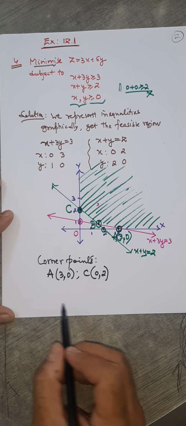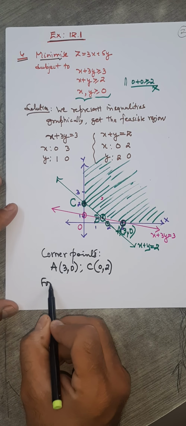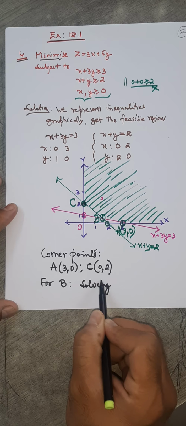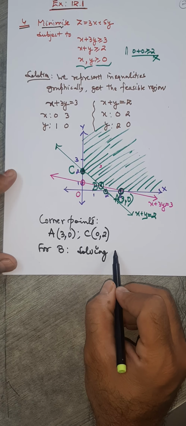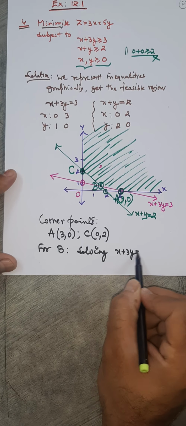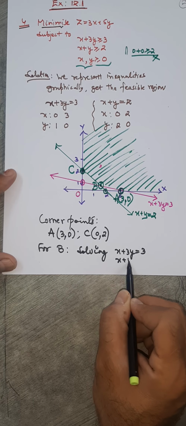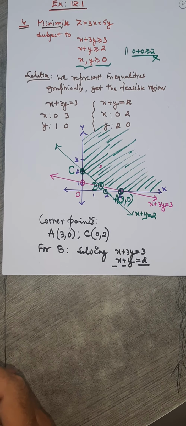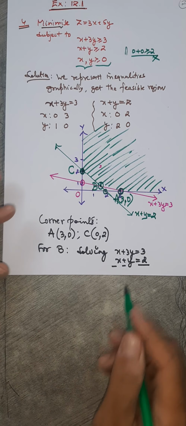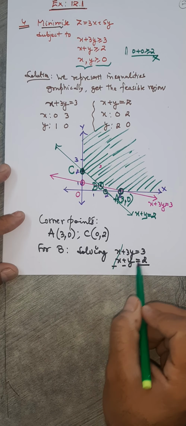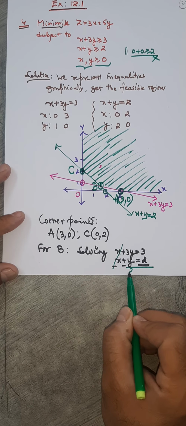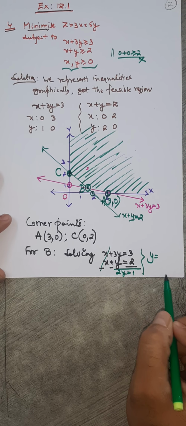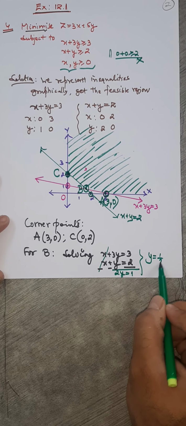Now how do we get B? That is by solving those 2 equations. So for B, solving equations: solving which 2 equations? x plus 3y equals 3 and x plus y equals 2. Just put the minus sign here. If I put the minus sign, x will get cancelled. So you will get 2y equals 1, therefore y is half, which is 1 by 2.